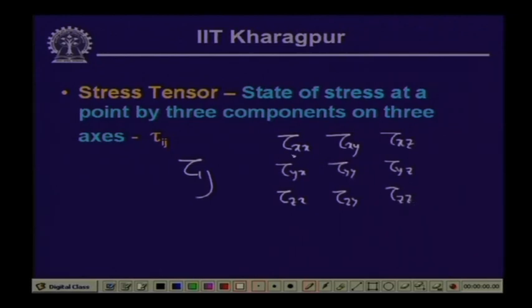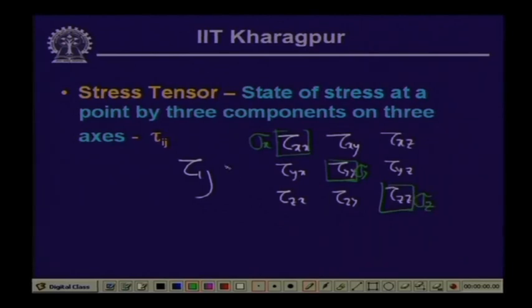Now, the components tau xx, tau yy and tau zz are normal to the plane. Let us call them sigma x, sigma y and sigma z.